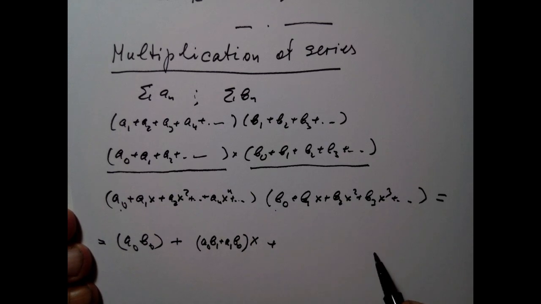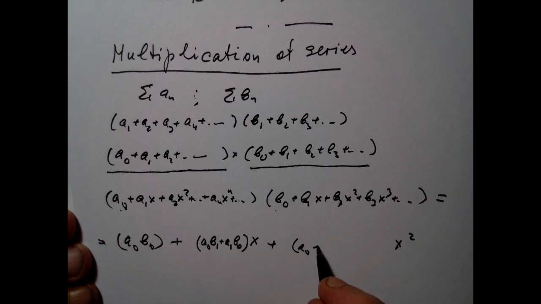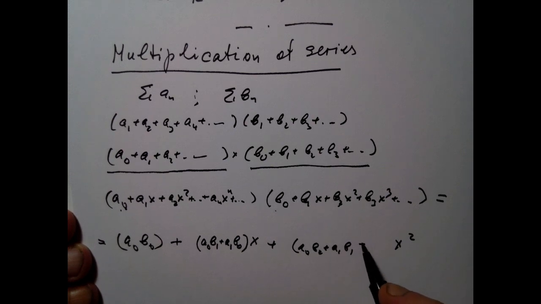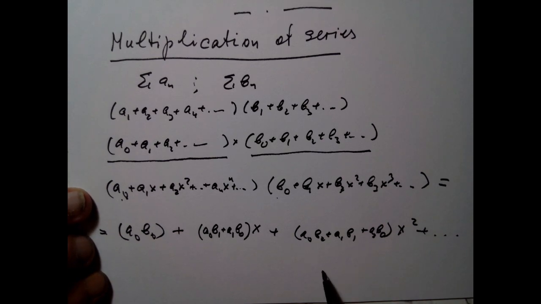Do you agree with me? What will be the term which contains x squared? Well, it will be what happens if I multiply this a0 by this b2. So it will be a0 b2 plus a1 b1, I multiply this x by this x, and then I will have to multiply this a2 by b0, and that's the only thing I can do with x squared. Now I will continue this way, let me do x cubed just for fun.